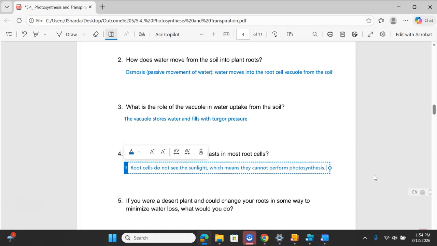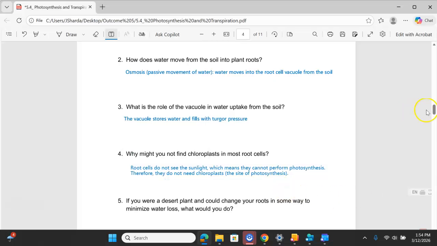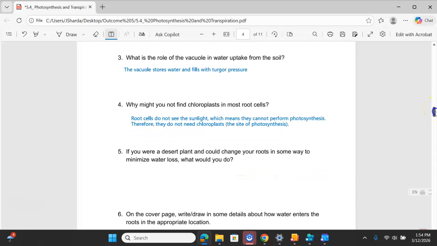Therefore, they do not need chloroplasts. Hopefully that's just a side thought question, but the point there is that roots and plants and stems are all made for the job that they need to do. If they don't need to have chloroplasts down there, they might get rid of them at some point.